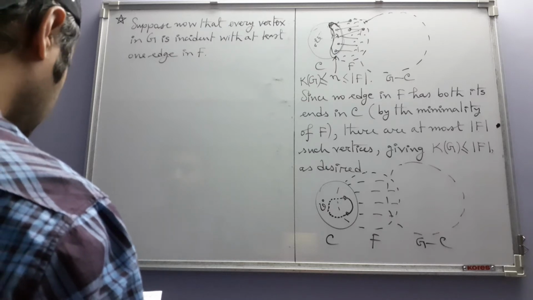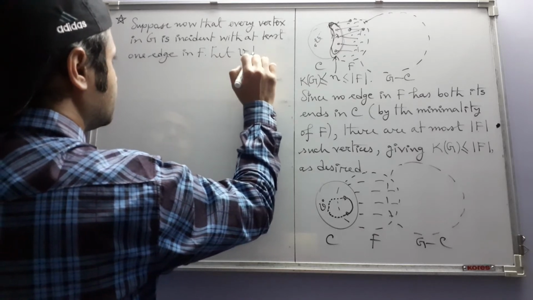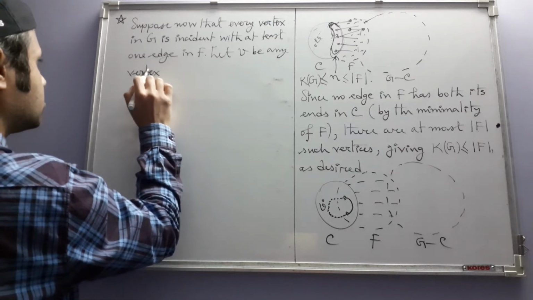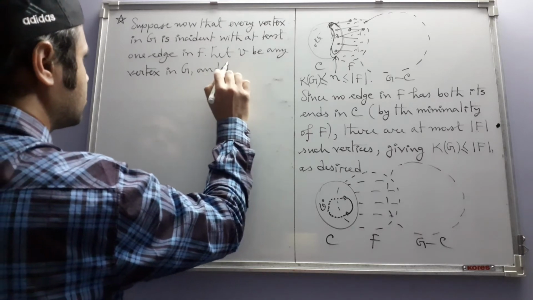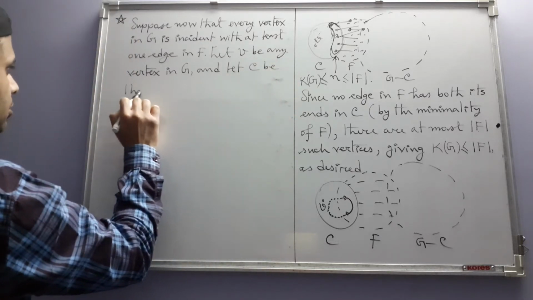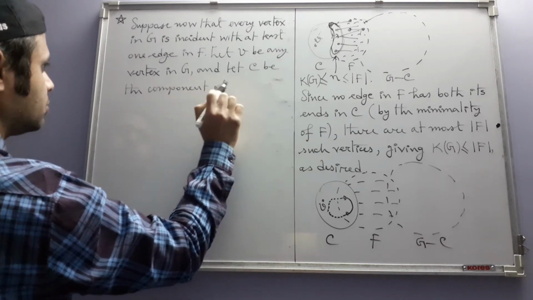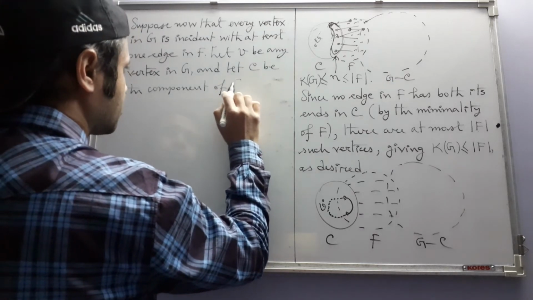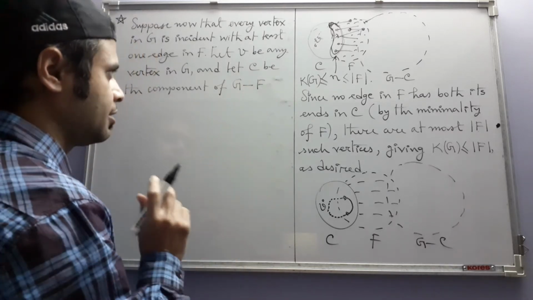So now there is no special vertex. We are going to arbitrarily choose any vertex. Let V be any vertex in G, and let C be the component of G minus F. Yes, again component of, because G minus F continues to be disconnected, so it will have at least two components.